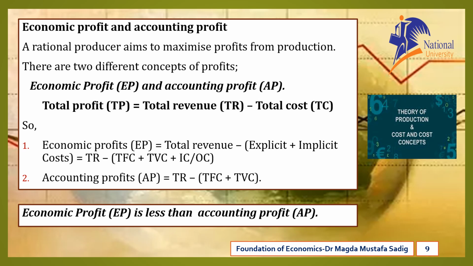Examples: working a job or investing capital elsewhere, forgone rent if the owner uses their own building for the business, forgone interest from using personal savings. So if the firm had $10,000 in implicit cost, then economic profit equals 100,000 minus 70,000 minus 10,000 equals $20,000.